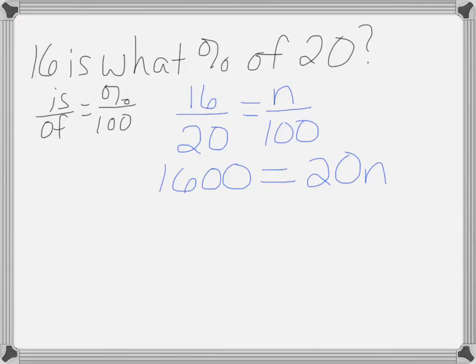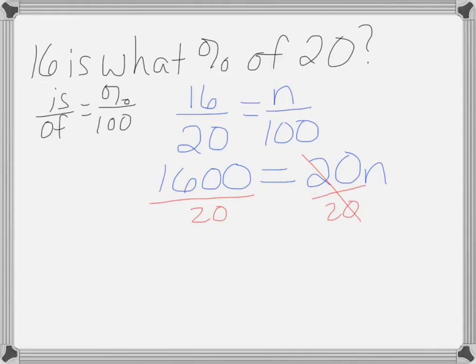Now, because the 20 and the n are being multiplied, if I want the n to be by itself, I need to do the opposite to get rid of the 20. So the opposite of multiply is divide. We divide both sides by the number that's in front of the letter every time. So 20 over 20 just cancels out.